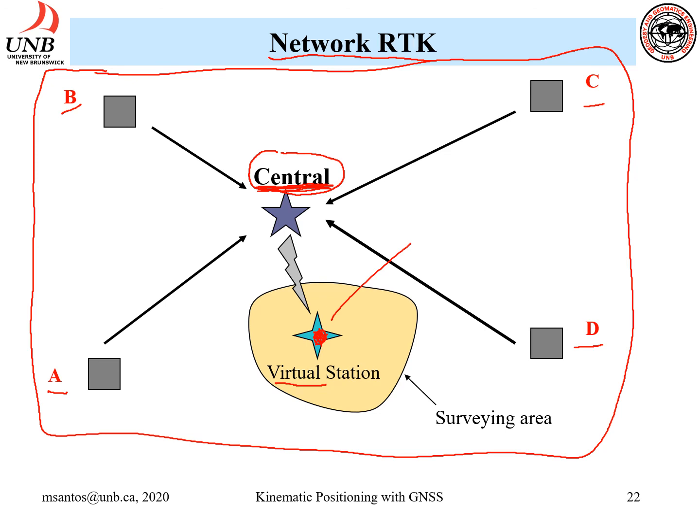One thing that we certainly will not have with this virtual base station is the receiver clock offset. So the only receiver clock offset that we need to estimate will be the one for the receiver of the rover, depending on the type of solution. If it's double difference, of course, it's going to disappear.